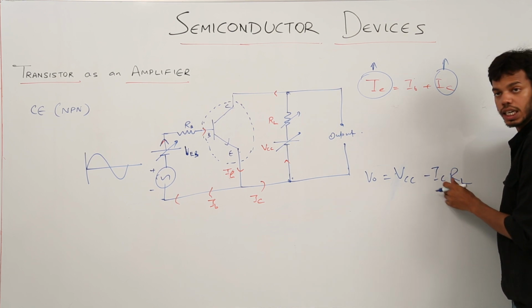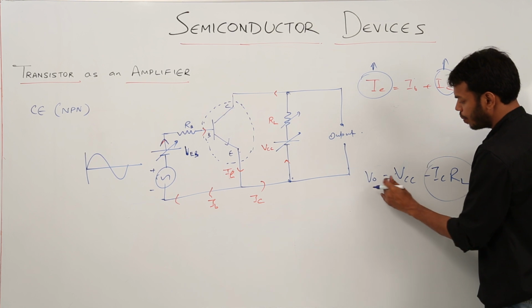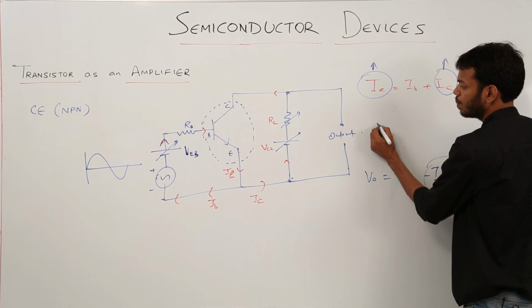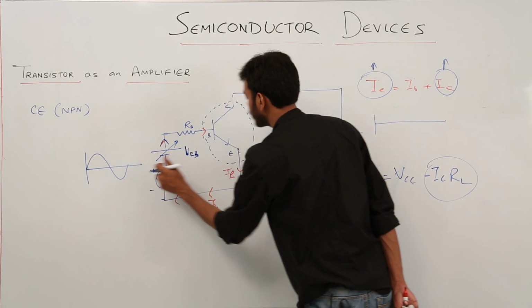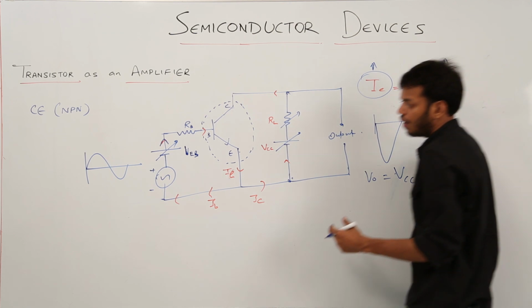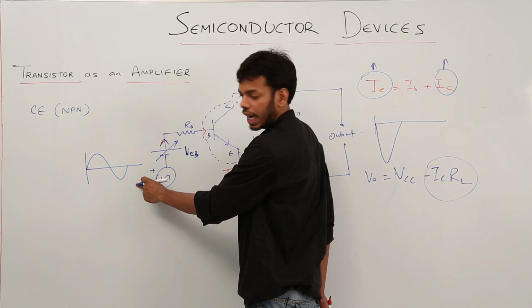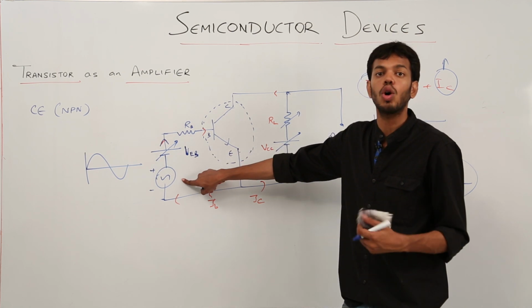If this value is increased, this whole part becomes very large, and due to this the output becomes very small, more negative. So very small means more negative. Due to this positive half cycle, we will get a very large negative half cycle. When the input circuit is in the negative half cycle, the forward biasing is getting opposed. It is not getting reverse biased.